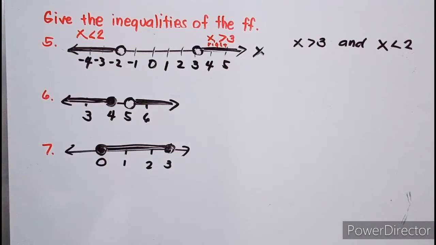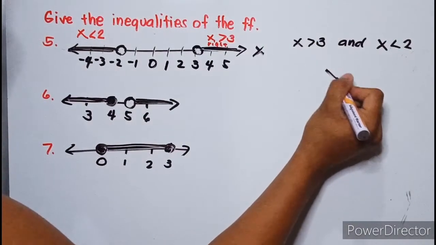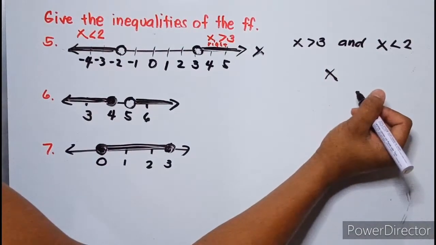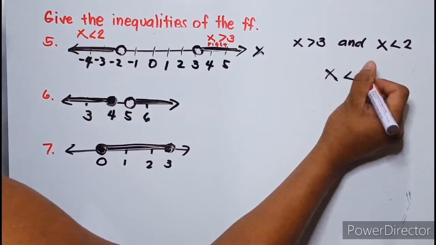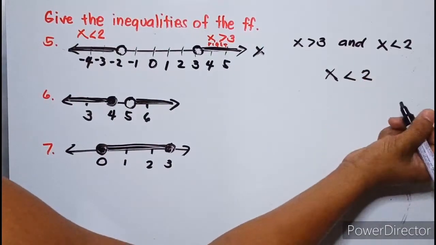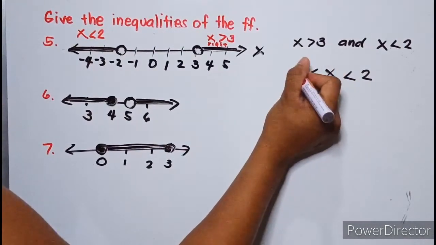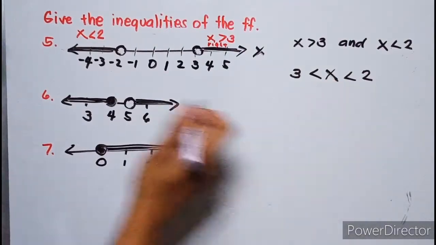Paano siya pagsasamahin? Ganito. x sa gitna. Then, you're going to write less than negative 2. Then, greater than 3. So, x is less than negative 2, greater than 3.